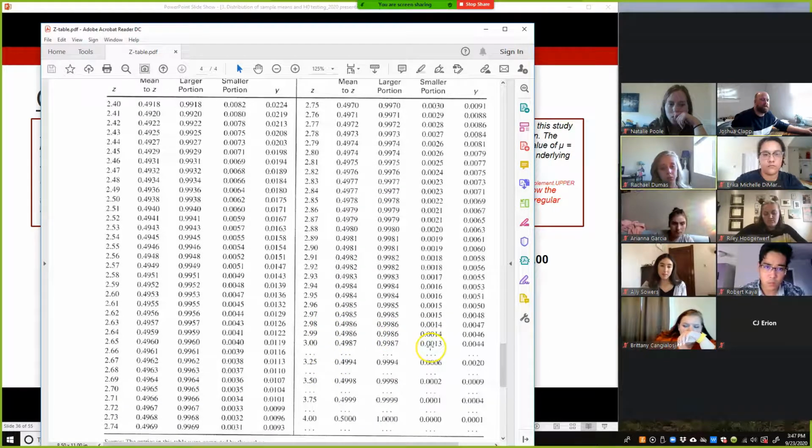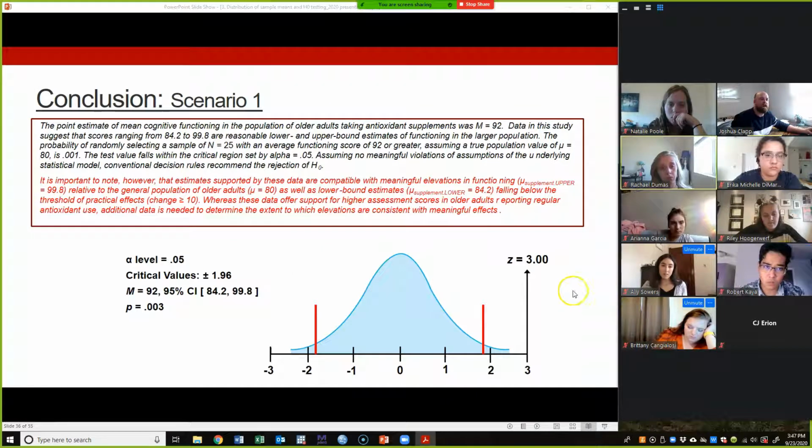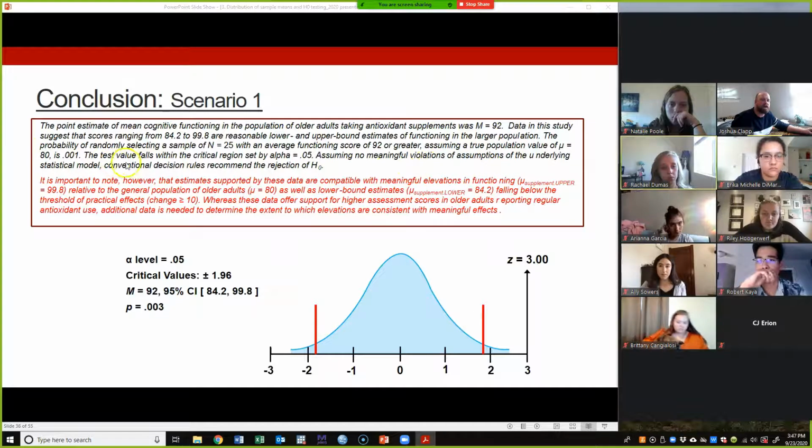So the upper tail, finding a sample with a score of 92 or higher, is about 0.001. That's where I'm getting that. Okay. Test value falls in the critical region set by alpha 0.05, assuming no meaningful violations of assumptions of the underlying statistical model. Conventional decision rules recommend the rejection of the null hypothesis.